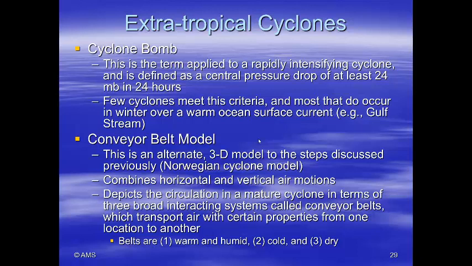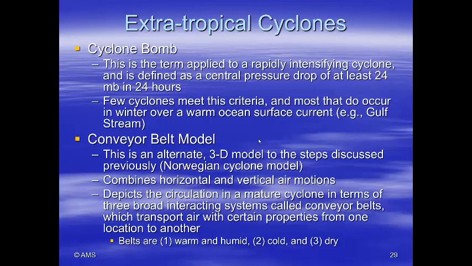There's also another model besides the Norwegian model, and this is known as the conveyor belt model. As I said, it's a 3D model, an alternate to the steps discussed previously in the Norwegian cyclone model.